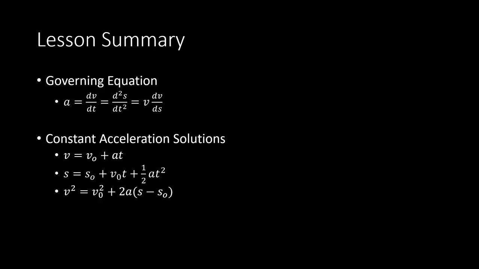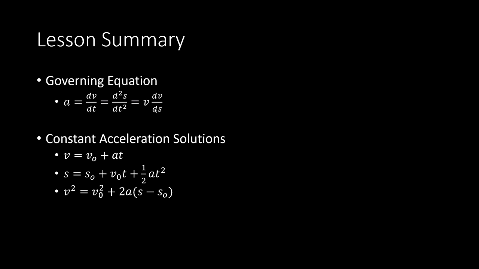So now let's look at the lesson summary to review what we just did. So we were looking at rectilinear kinematics of a particle, and we discovered our general governing equation as this right here. So acceleration is equal to the derivative of velocity with respect to time, the second derivative of position with respect to time, and velocity times the derivative of velocity with respect to position.